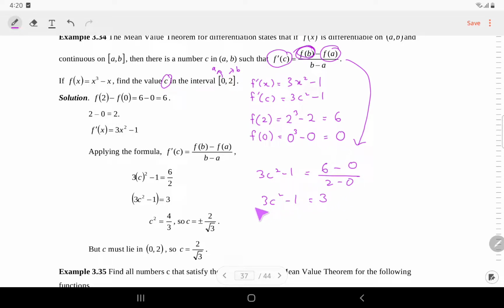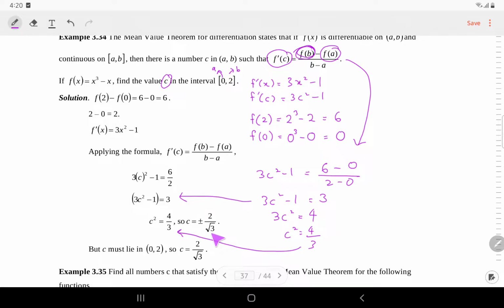Okay, so kita dapat sama macam ni. Okay, 3c square minus 1 equals 3. And then bring 1 into right side. 3c square equals 4. And then c square equal 4 over 3.